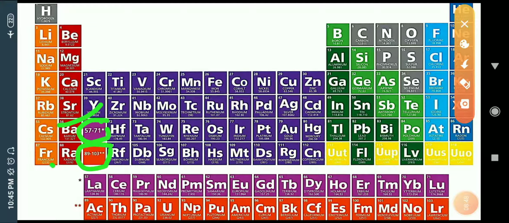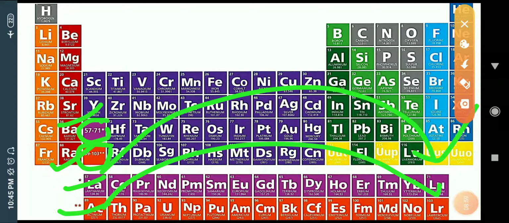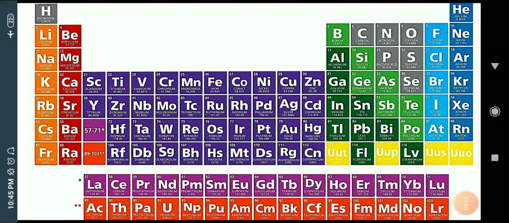These 14 and these 14 elements are placed below in the periodic table, from 57 to 71 and 89 to 103, in the form of two series.